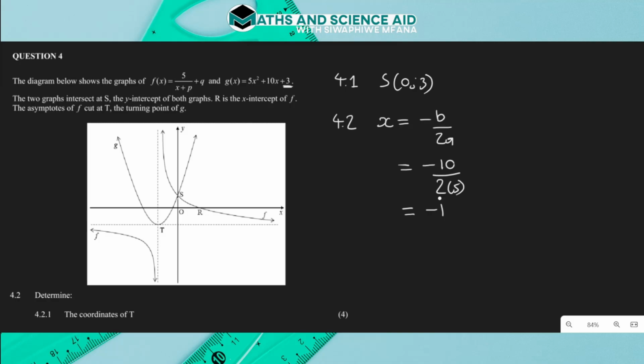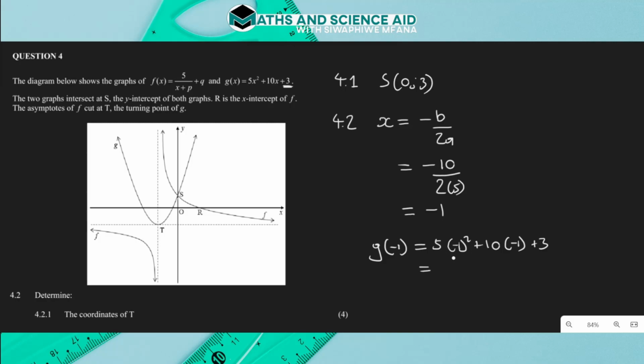So this is the x value of the turning point T. Now we just need to work out the y value. We can substitute this x value into our original equation of g. So we need to work out g of negative 1. We substitute in negative 1 throughout the equation: 5 into negative 1 squared plus 10 into negative 1 plus 3.